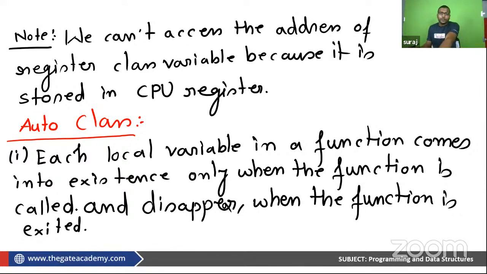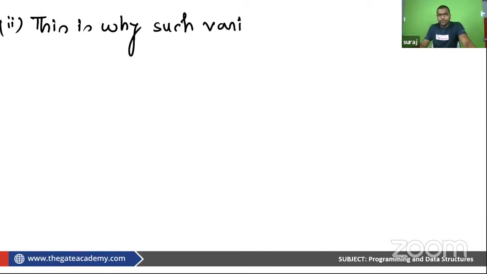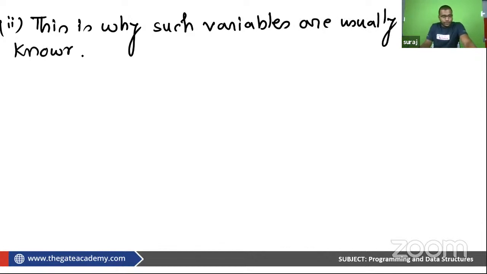Okay, so you write: this is why such variables are usually known as automatic variables. See, I will give you one problem after the explanation.